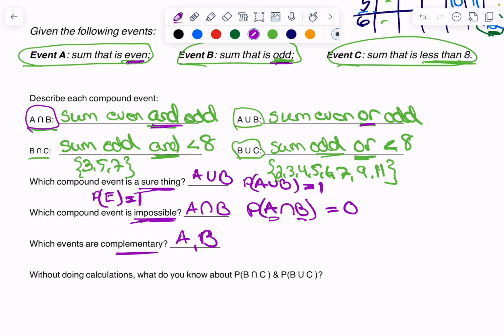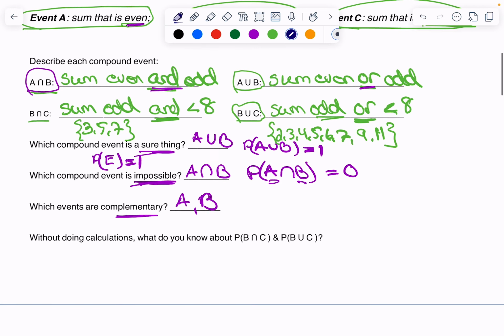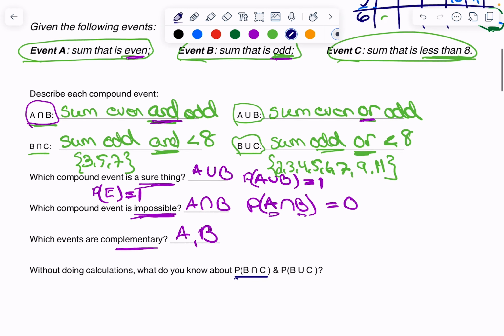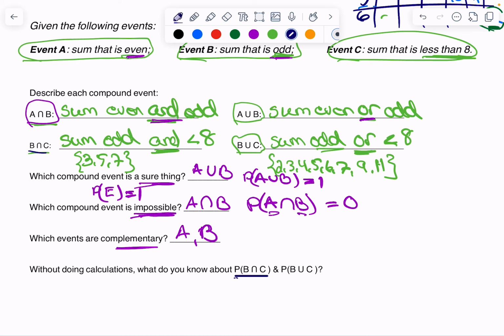Okay, next one. Without doing calculations, what do you know about the probability of B intersection C? So where's our B intersection C is right here. So what we know is that it's 3, 5, and 7.